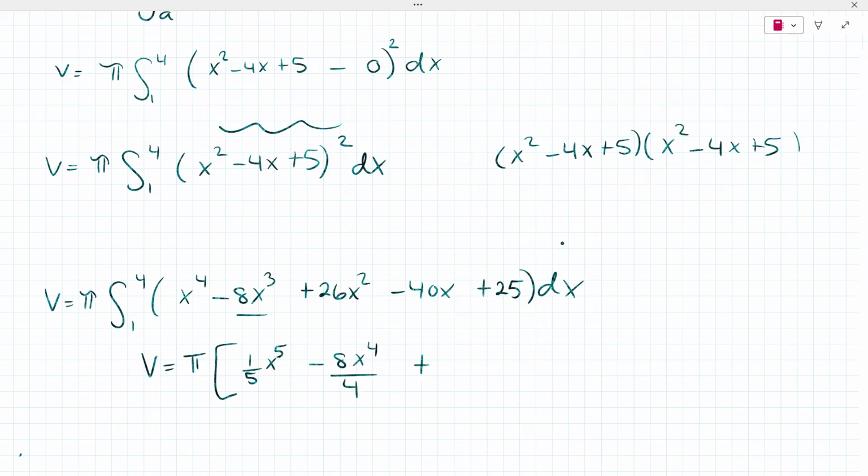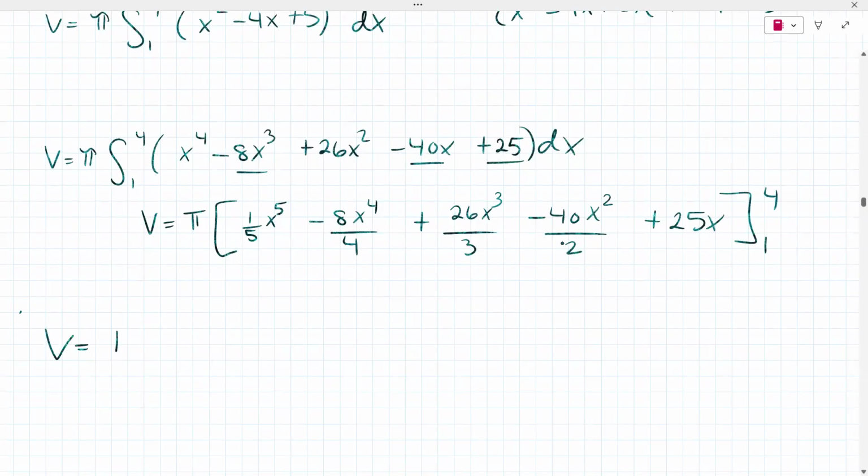Plus the integral of 26x squared is 26x cubed over 3. The integral of negative 40x is negative 40x squared over 2. And the integral of 25 is 25x. And we are going from the boundaries 1 to 4.